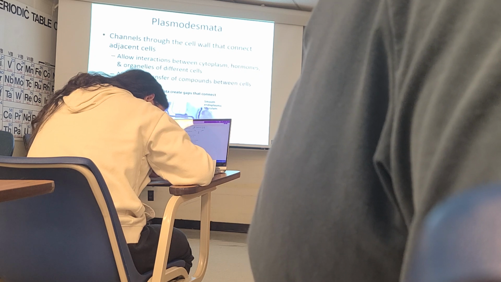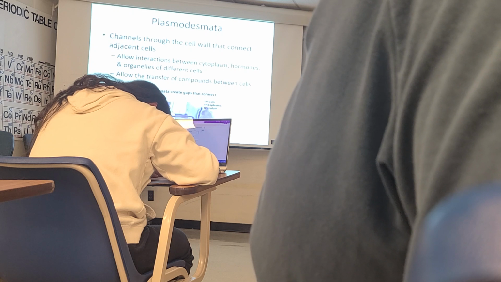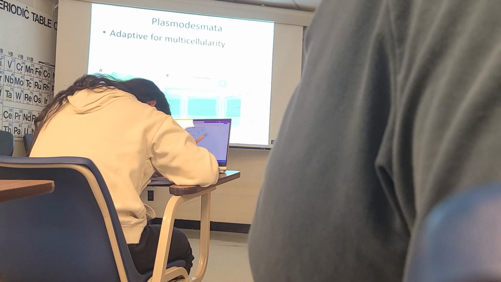That's a slow process, right? This is much more efficient because they're directly connecting to each other. And if you think about it, if this compound is safe to be in this cell, it's probably safe to go into this cell as well, so you may not need to go through that filtration system. And so this is adaptive for multicellularity.